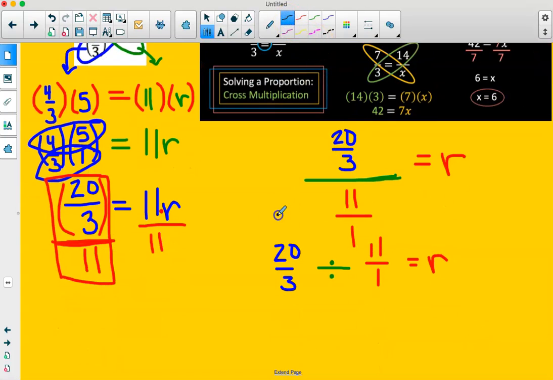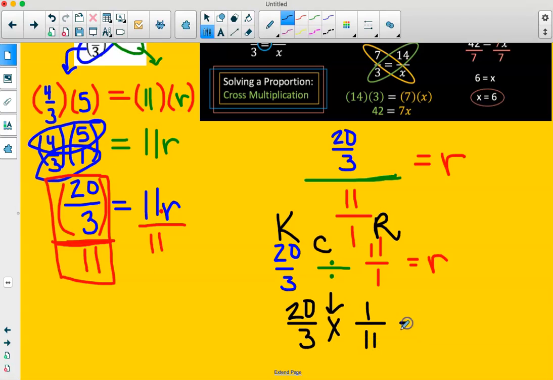Next, we need to keep, change, reciprocal, or you could say keep, change, flip. So the first fraction stays exactly the same. You keep it 20/3. You change the division symbol to multiplication, and the second fraction is the one that you flip. You write the reciprocal of the second fraction.